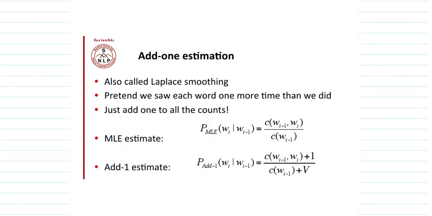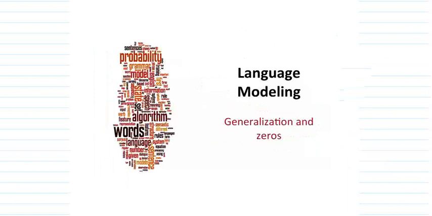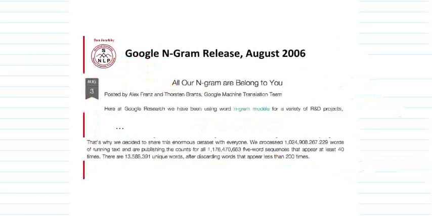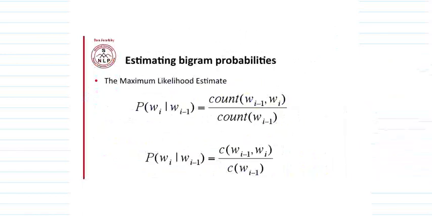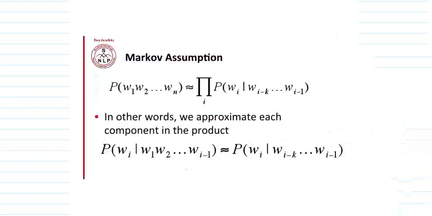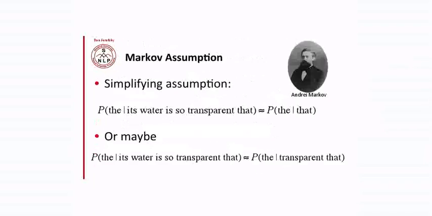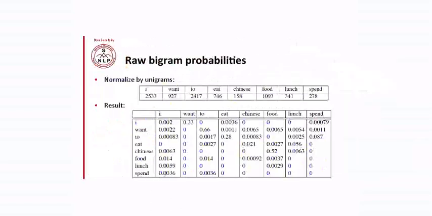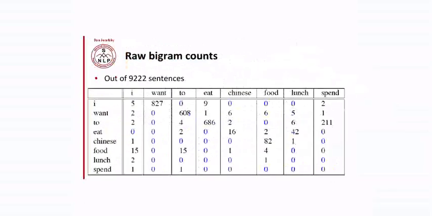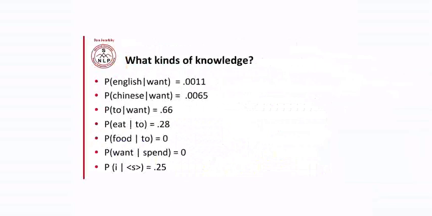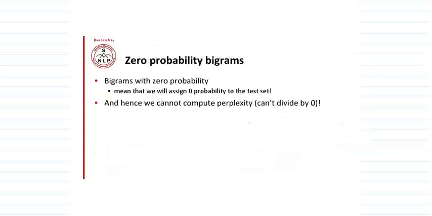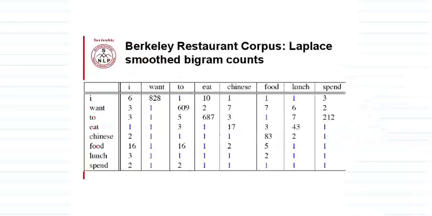Let's compare it with the previous table. Yeah, right, this is the table. So we see this is 5 2 2 0 1 15, and in our new table it is 6 3 3.